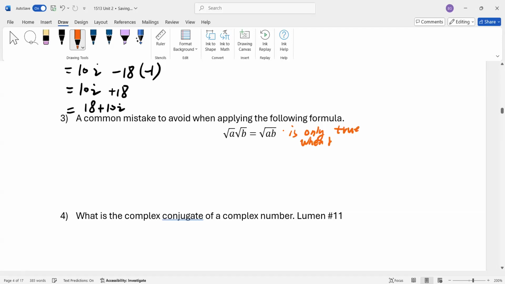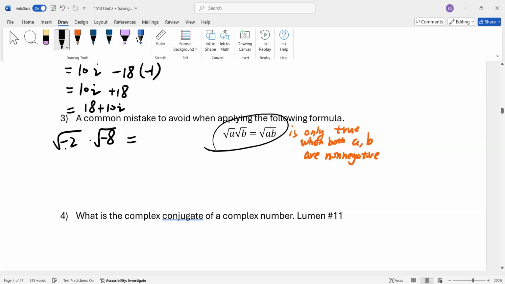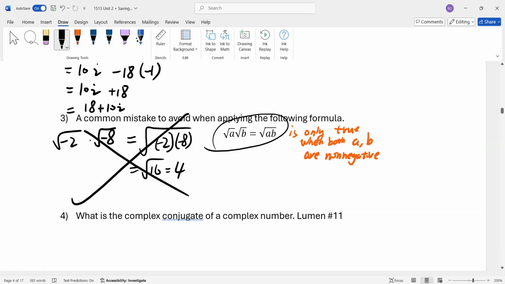If we have, let's say, root -2 times root -8, you cannot apply this formula and conclude you have the square root of 16, which is 4. This is wrong, by the way. This is incorrect. You can't do that.